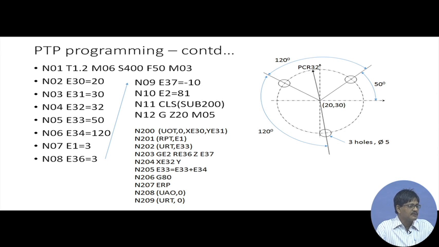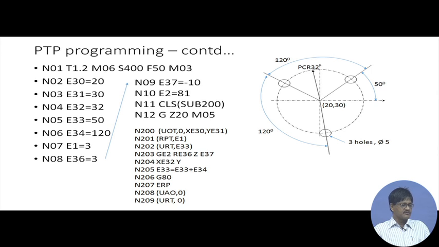After that it comes out to line number 208, which reads use absolute origin 0, which means that the offset is now cancelled. The program coordinate origin shift of 20, 30 is cancelled. The machine coordinate system is restored, and URT cancels the rotation, that means use rotation of 0 degrees. So, the rotated axis is now restored to its original position.